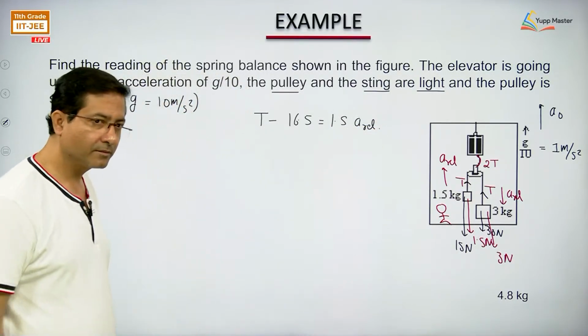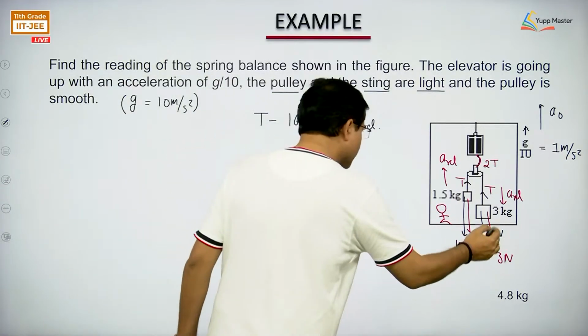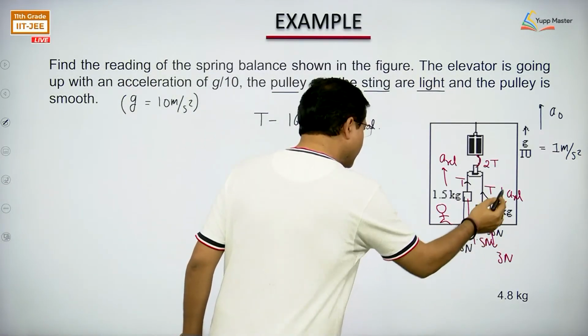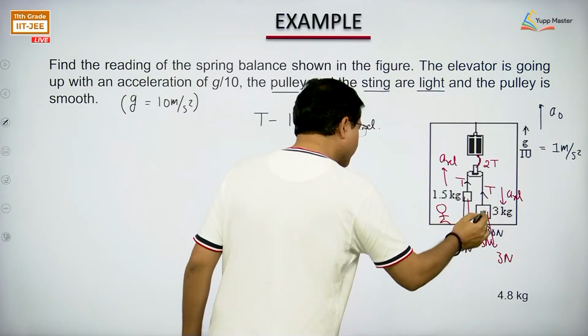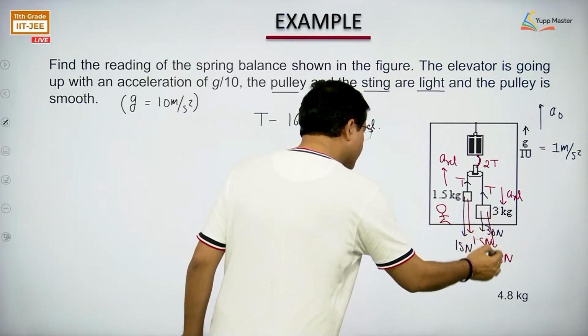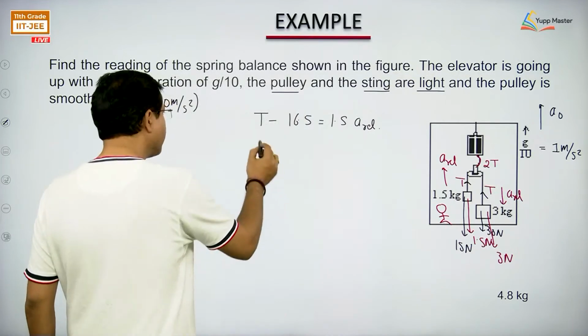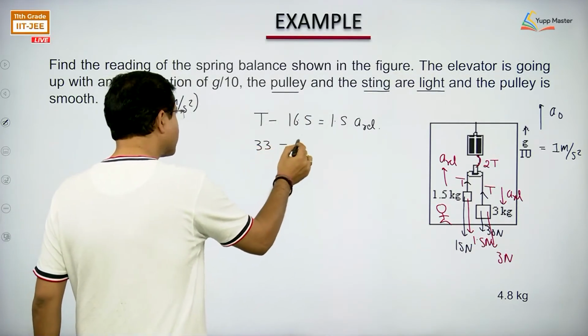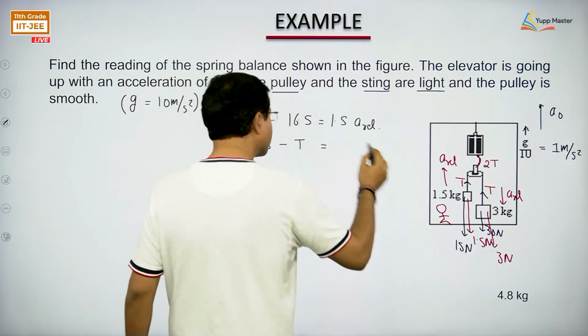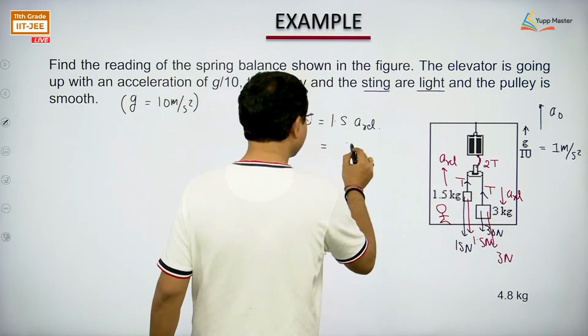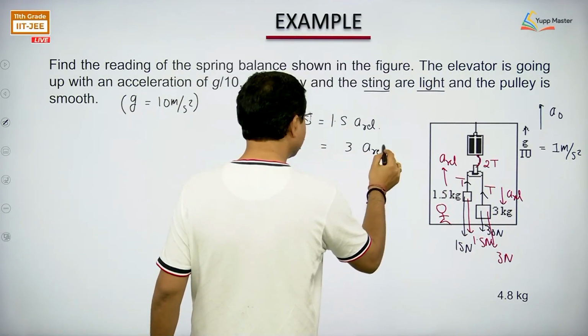Then look at this block, it is accelerating down with respect to this observer. So 30 plus this 3, 33. 33 minus T is equal to mass, which is 3, into acceleration a relative.